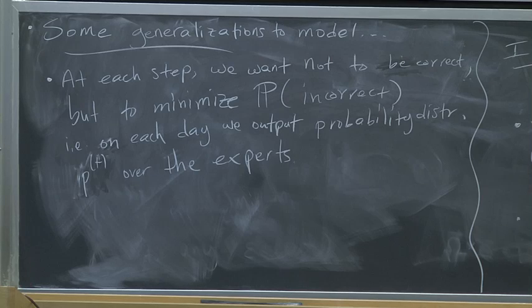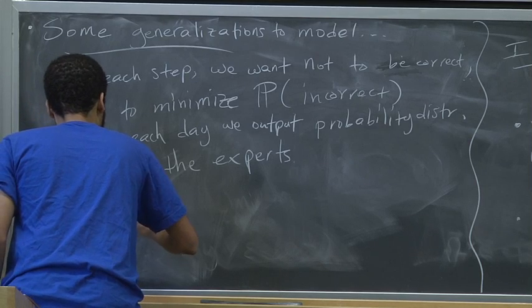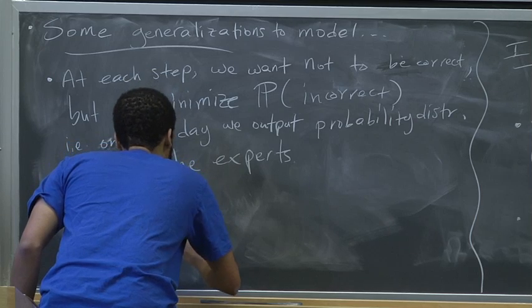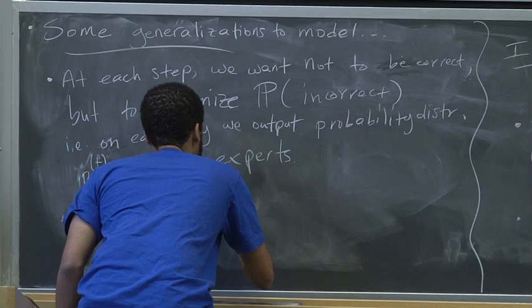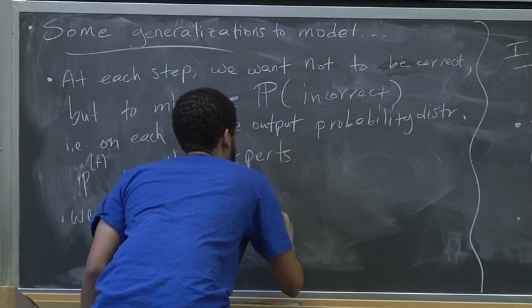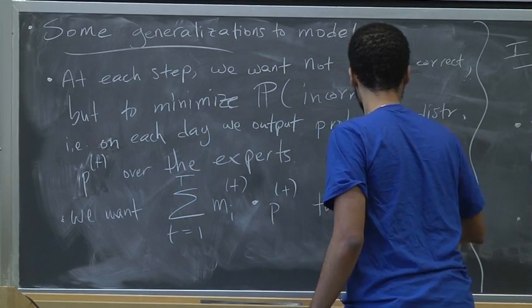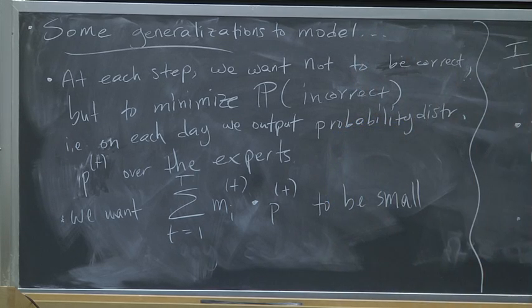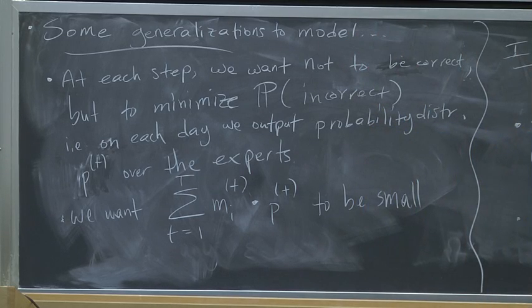So we want the sum from t going from 1 to capital T of the dot product of mi of t with pt to be small. So that's our expected, this is the probability that we make an error. So imagine that mi is 0 if we're right and 1 if we're wrong.